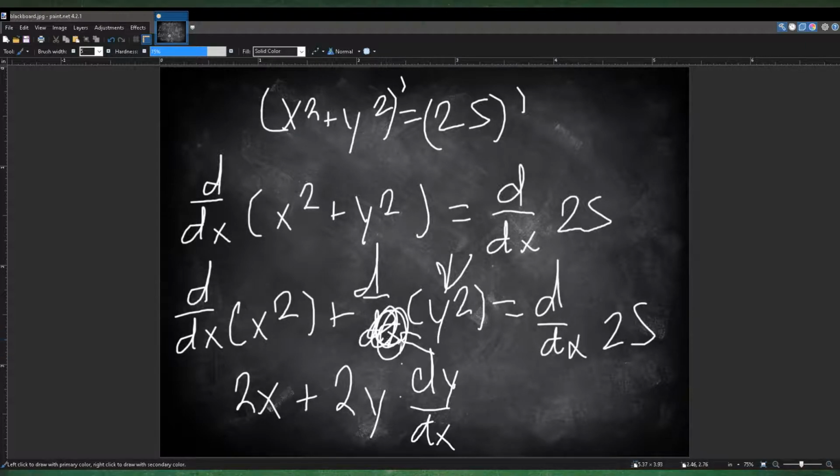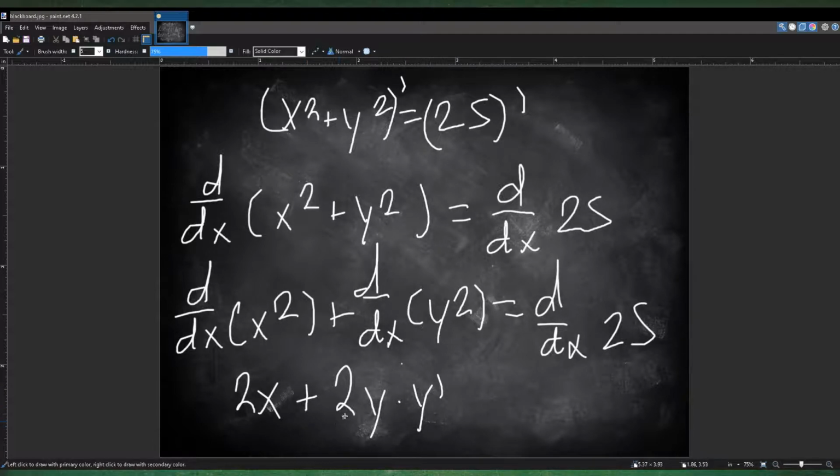So you cannot cancel each other out, because for this side we did the derivative of x with respect to x. So this just cancels each other out because they're the same thing. But you can't cancel this out. Whenever you do a derivative of any variable that's not the same thing as what you're doing the derivative with respect to, then you're just going to have to multiply by a derivative of that variable.